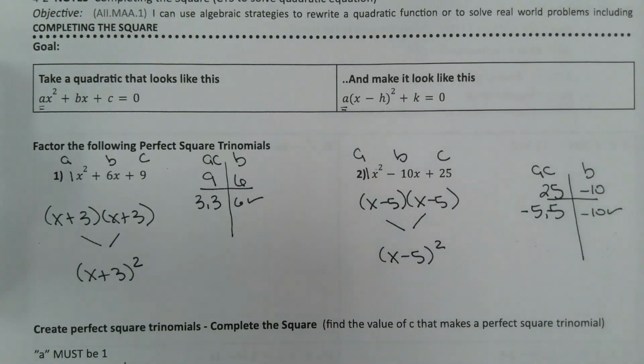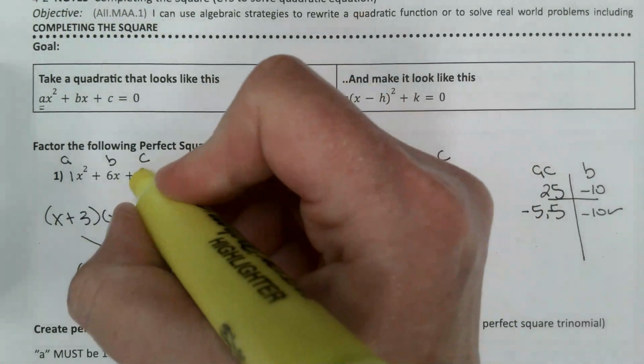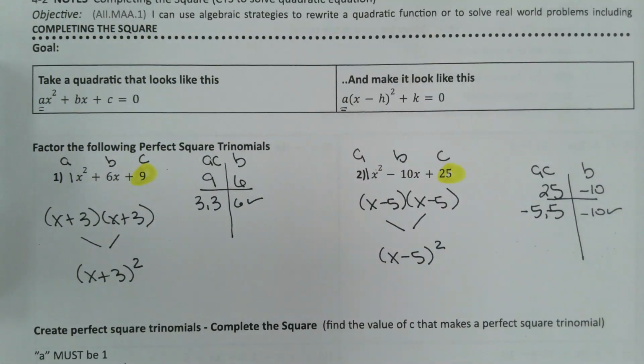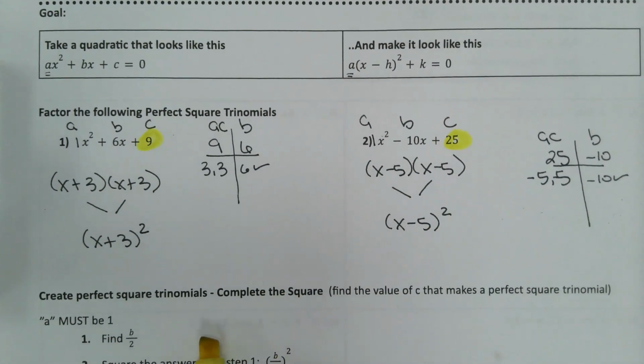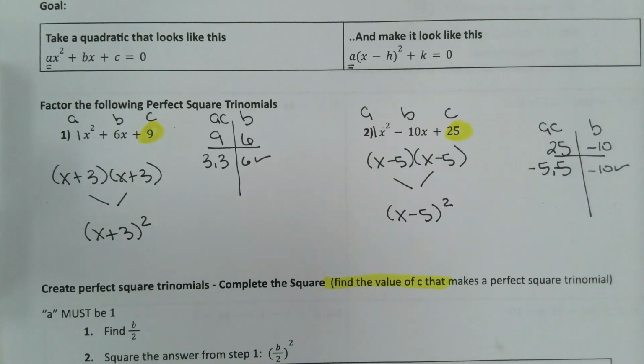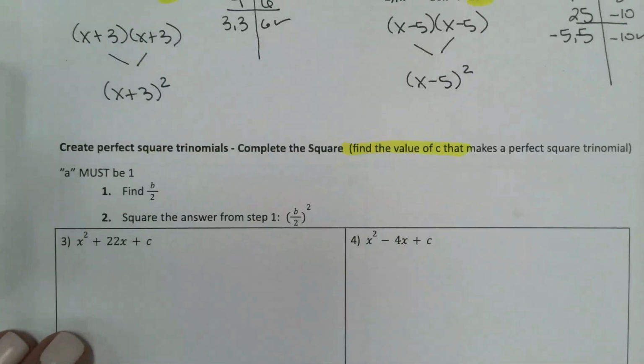So we want to find numbers kind of like that 9, like that 25 right there. So we want to figure out what that value should be. It says find the value of C that will make a perfect square trinomial. So here are the steps to do that.